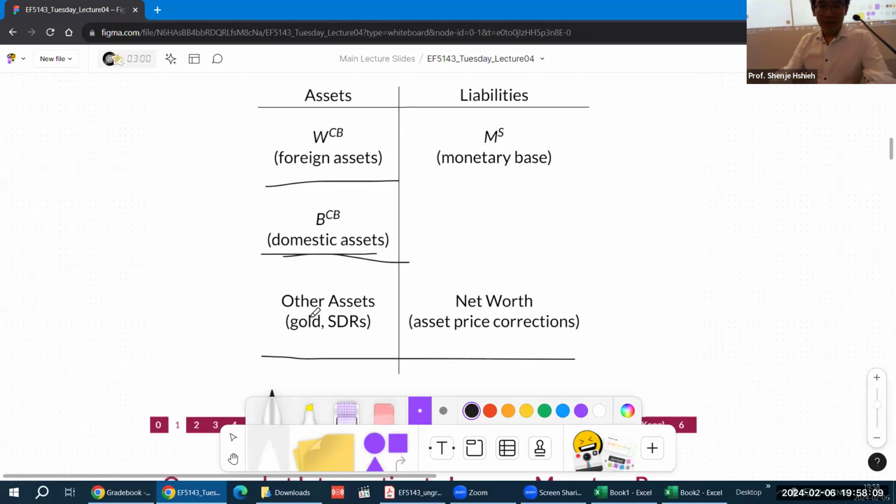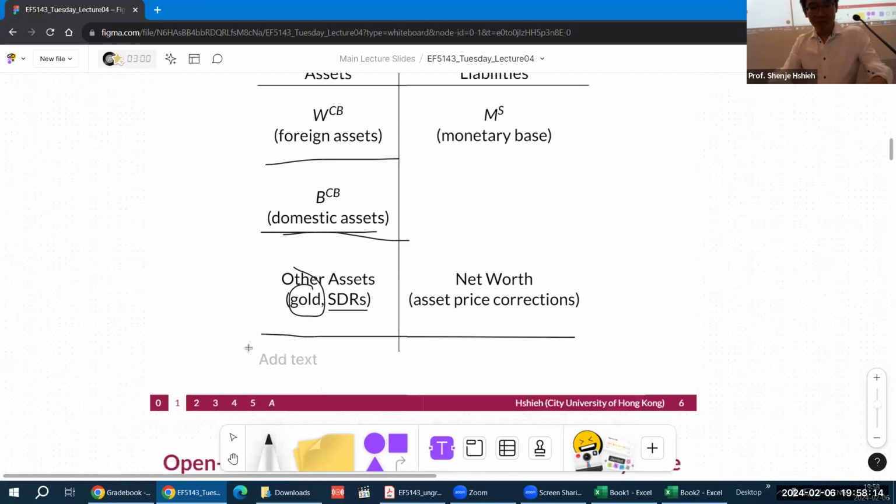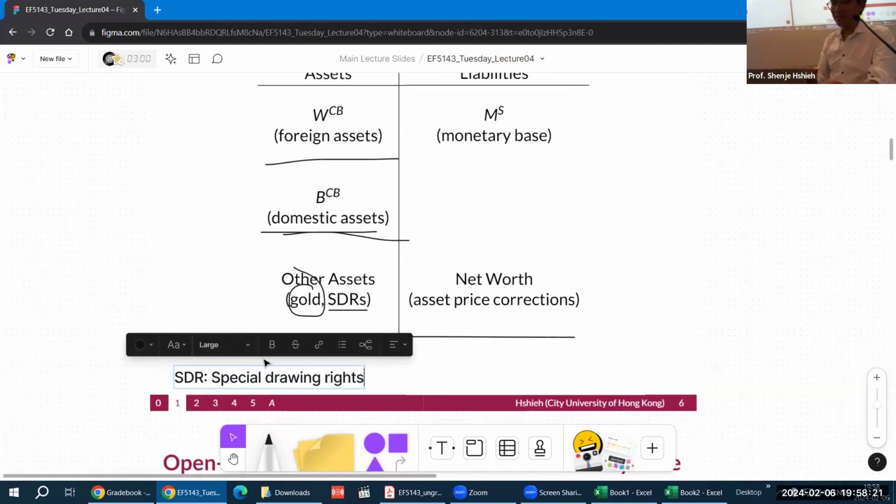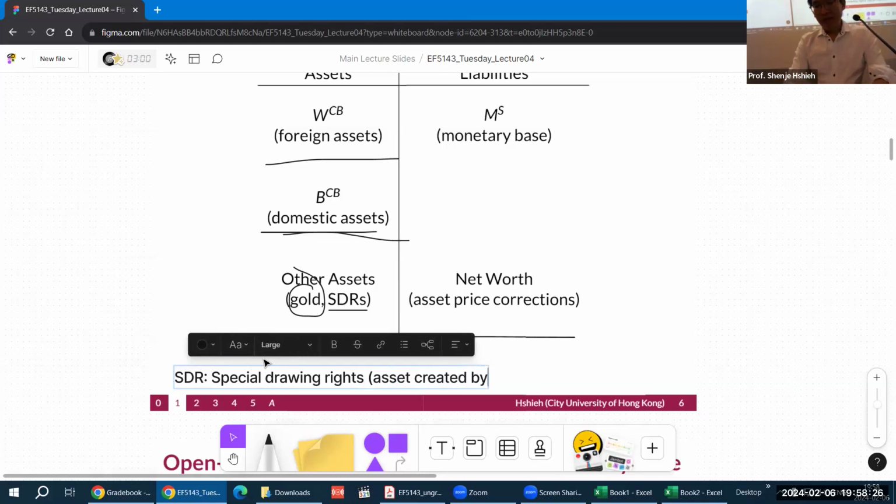And among these other assets, gold is an asset. SDRs stand for special drawing rights. If you're studying banking, you may see this term around. This is an asset that's created by the IMF, and it's supposed to facilitate interbank lending between international central banks. You can think of it as a universal currency, although they don't say it's a currency.